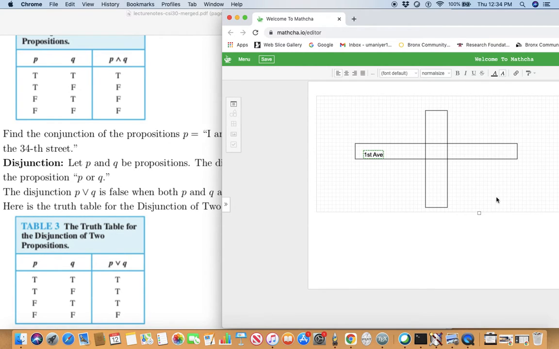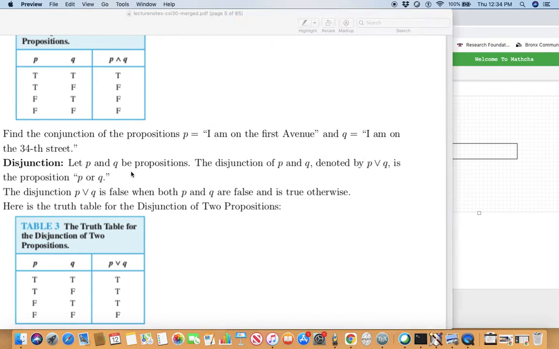So that's your 1st Avenue. And the other is I'm on the 34th Street. All right. So this is 1st Avenue. This is 34th Street. So these are the propositions: I am on the 1st Avenue and I am on the 34th Street.